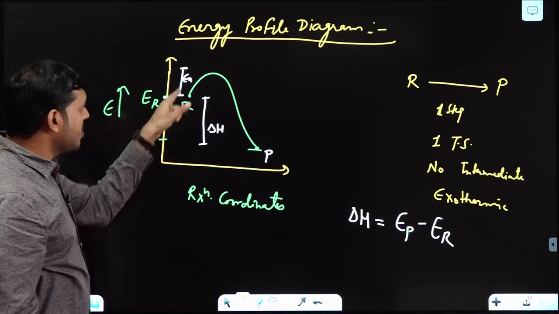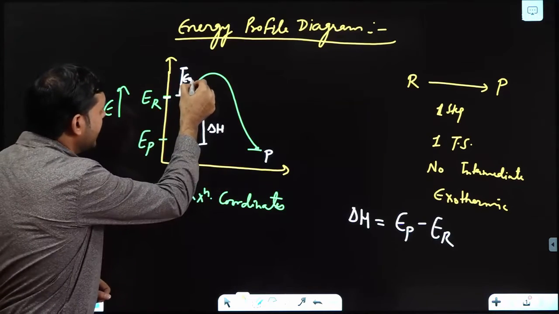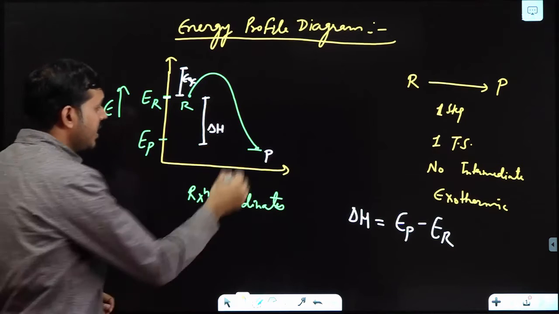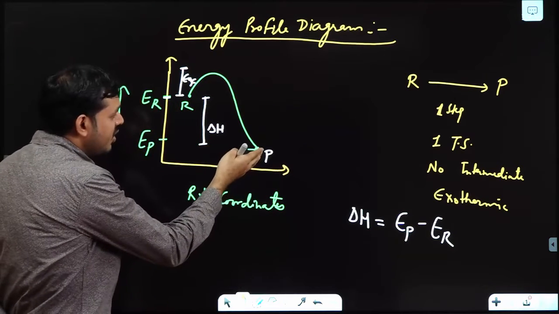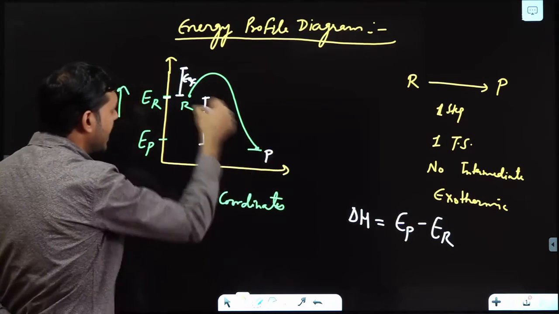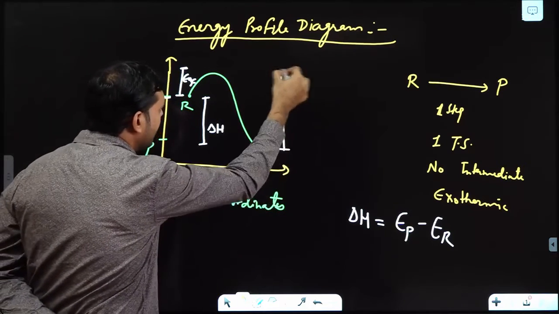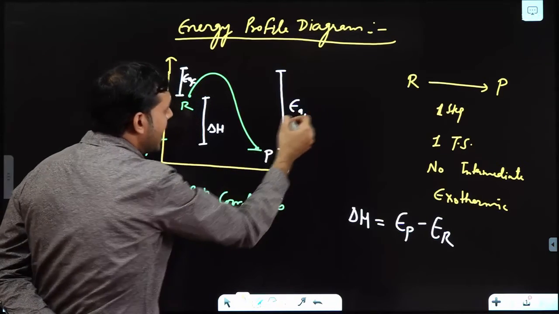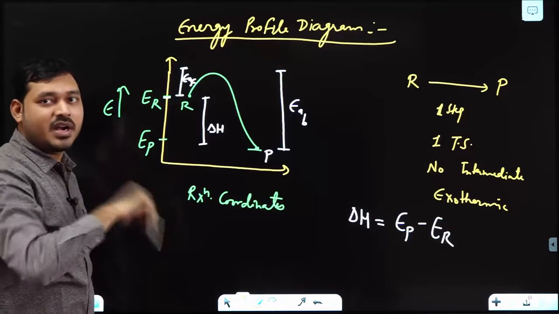Okay, as it is for forward direction, so we call it as EAF, activation energy for forward reaction. Now, if the reaction goes back in the same way from product to reactant, then the required energy from product to reactant will be EAB, activation energy for backward direction.